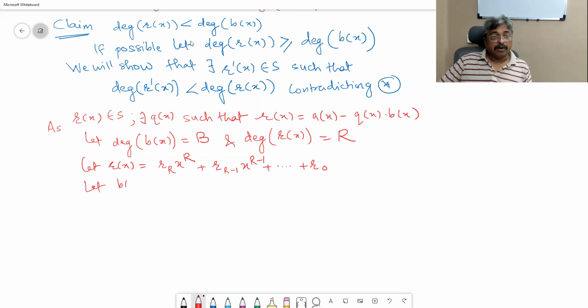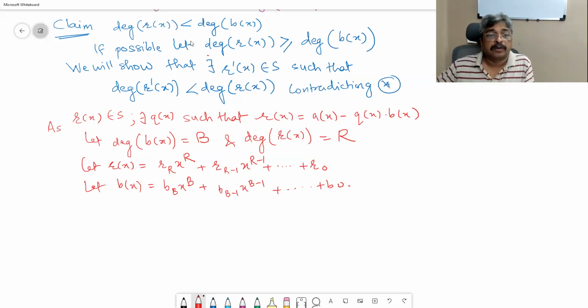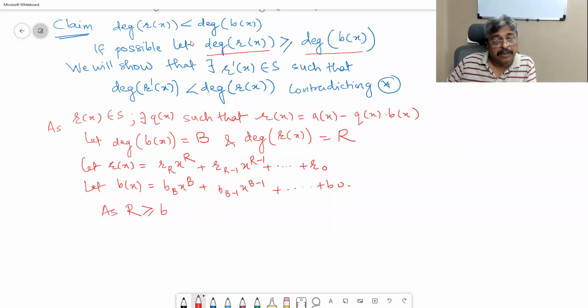Let B of X be equal to B X raised to B plus B minus 1 X raised to B minus 1 plus dot dot dot plus B0. We started with R greater than or equal to B. As R is greater than or equal to B, that means the degree of this polynomial is bigger than or equal to this.